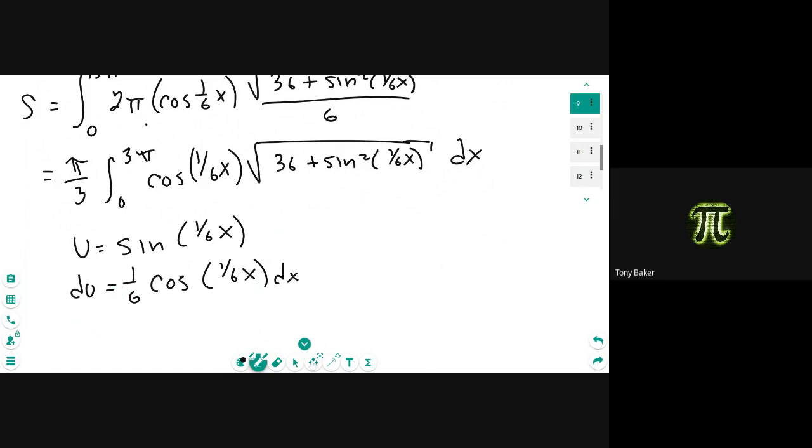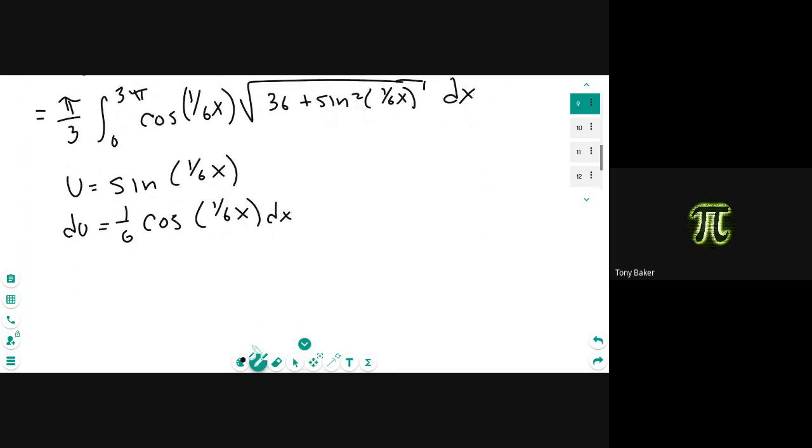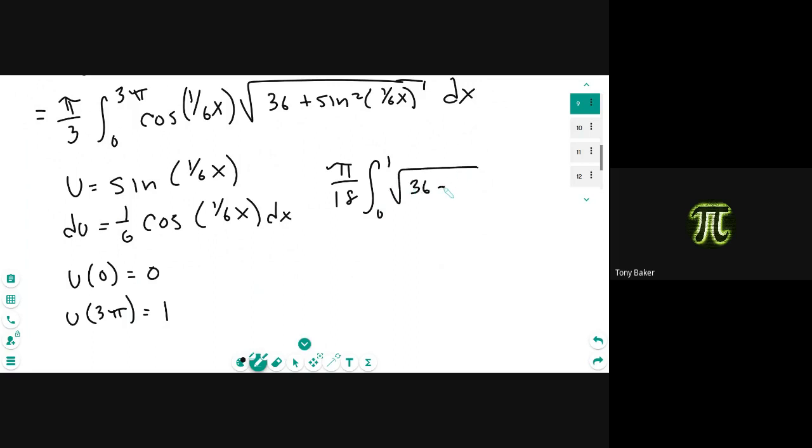So actually let's change my limits. u of 0 is 0 and u of 3 pi is sine of 1/2 pi, which is 1. Okay, and we can pull out the 1/6. So I've got pi over 18, 0 to 1, square root of 36 plus u squared du.